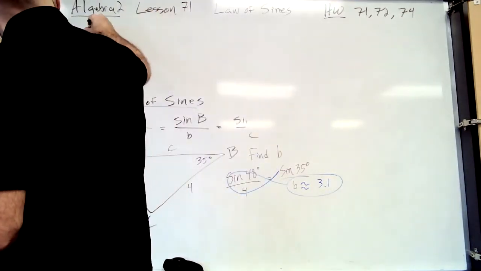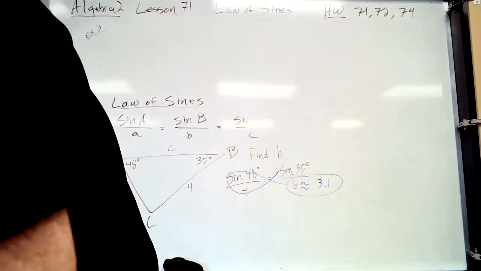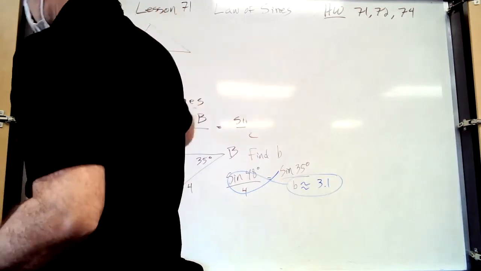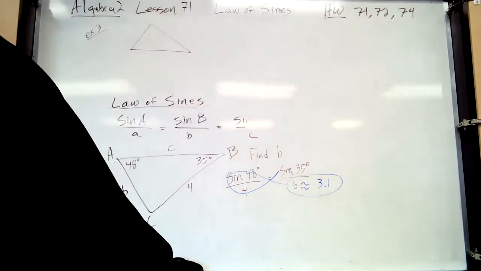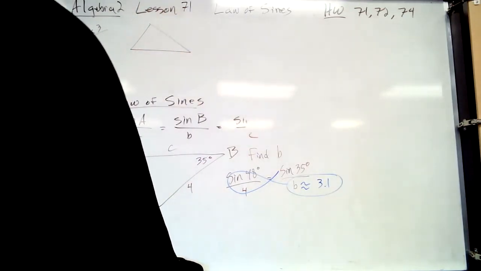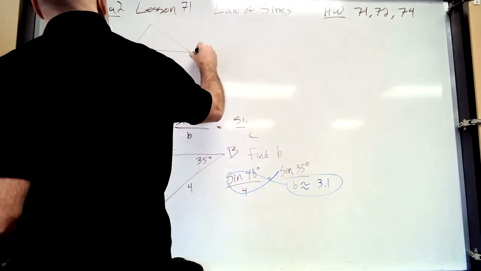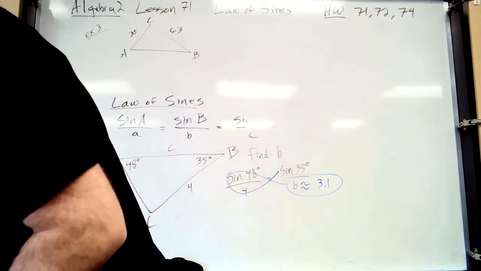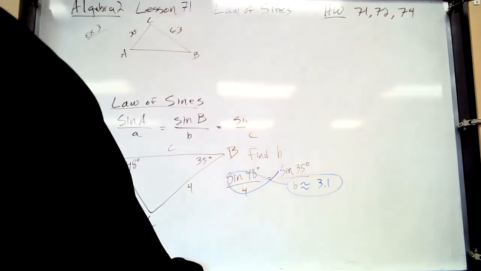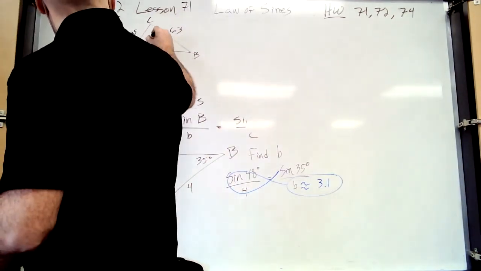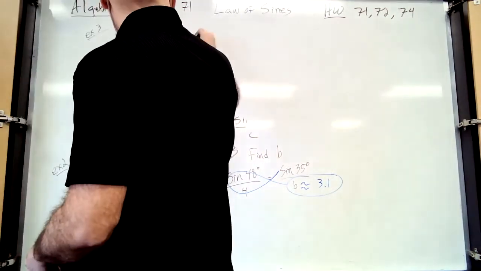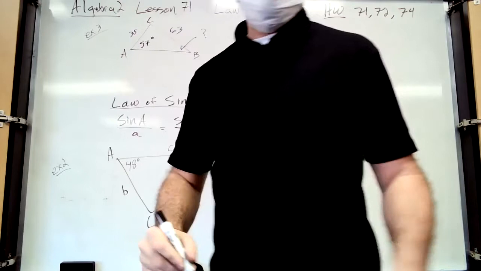So here is example 3. Let's call this ABC, 35, 63. We'll call this 57 degrees. And I want to find angle B. Let's find the measure of angle B.